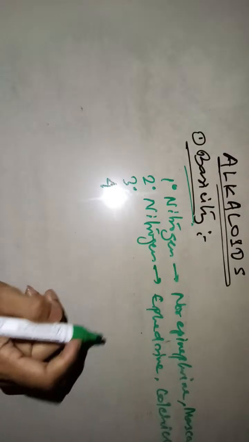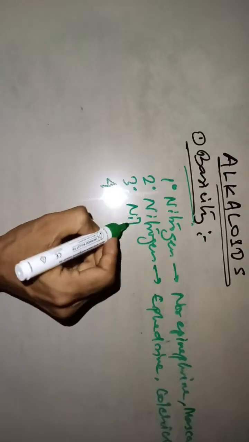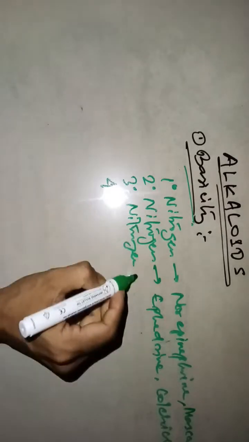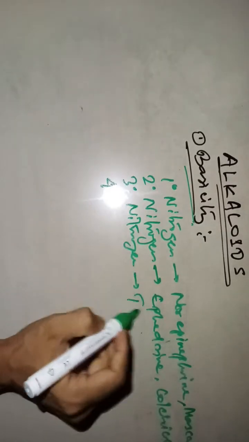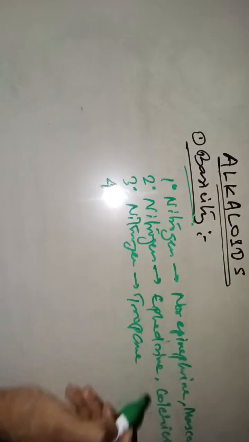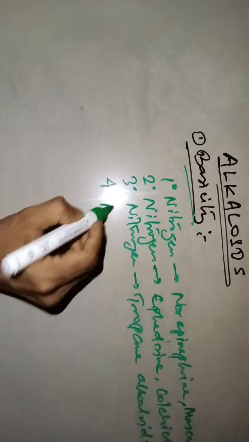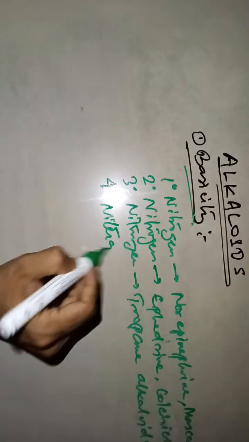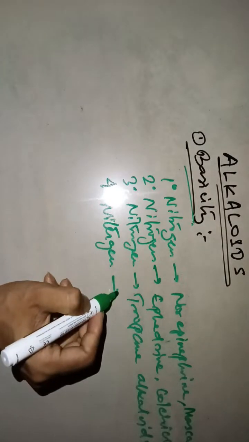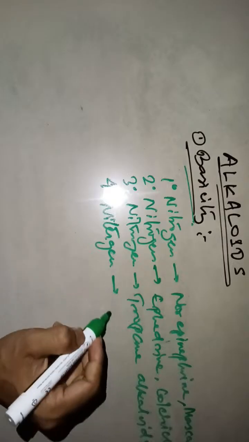Tertiary nitrogen is present in tropane alkaloids. And quaternary nitrogen is present in D-tubocurarine.